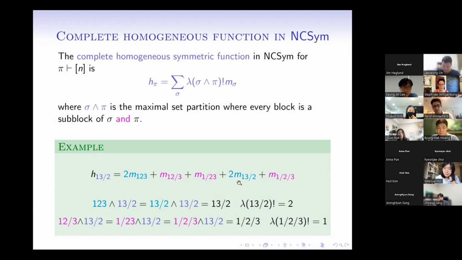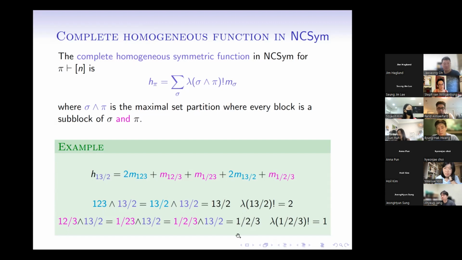So that's those coefficients. Say on the other hand, we want to compute the coefficient of m123. Well, now we have to look at the intersection of 123 and 132. Well, this turns out to be 1, 2, 3, because 1 is a subblock of 1, 2, and 1 is a subblock of 1, 3. 2 is a subblock of 1, 2, and 2 is a subblock of just 2, and then 3 is a subblock of 3, and 3 is a subblock of 1, 3.